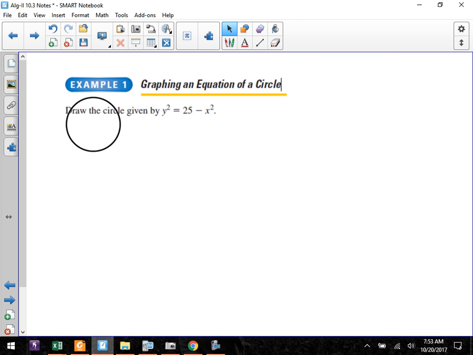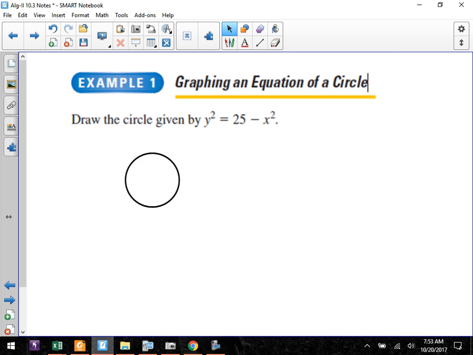Oh no. How do I graph this circle? I don't know.